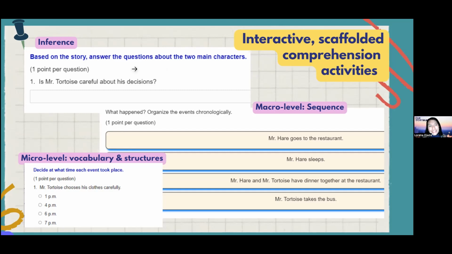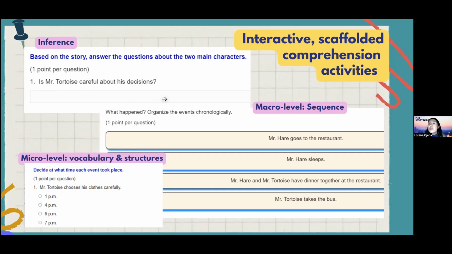Okay. So this is one strategy. Another strategy that we're going to use, and we would like to come up and show you as a tip, is also inferential questions. So to get your students thinking, for example, whether Mr. Tortoise is careful about his decisions, or whether Mr. Hare loves to be on time, and you can create your own questions.